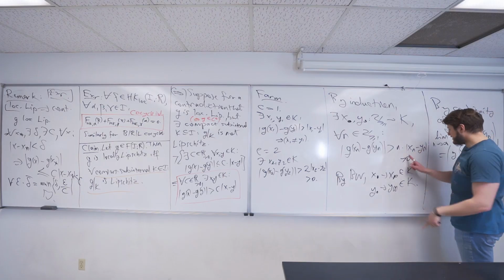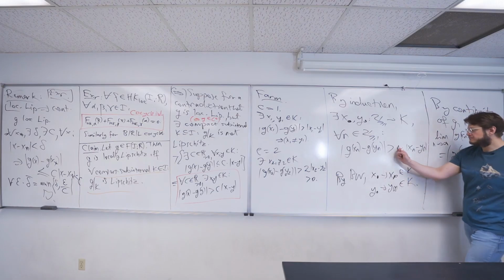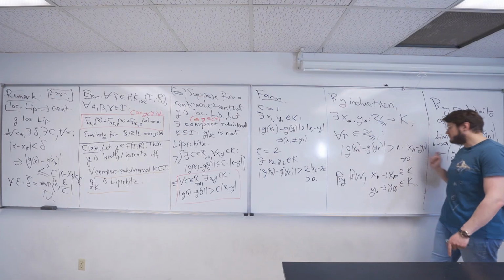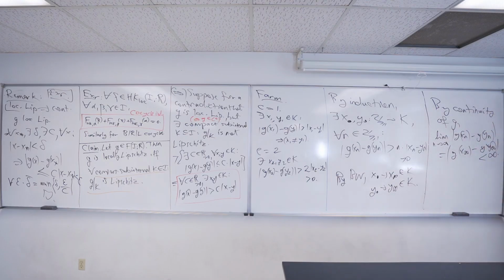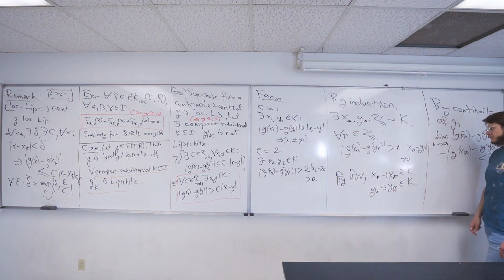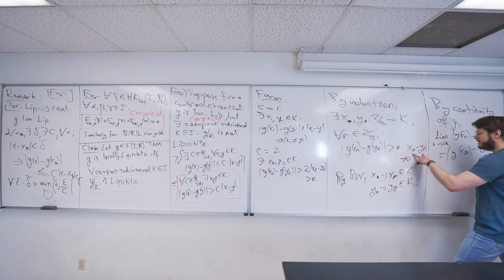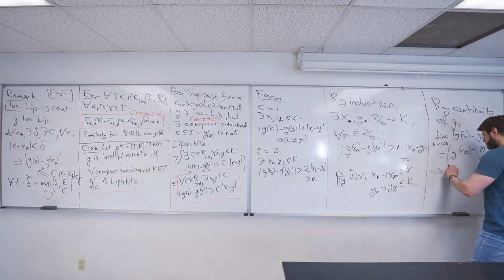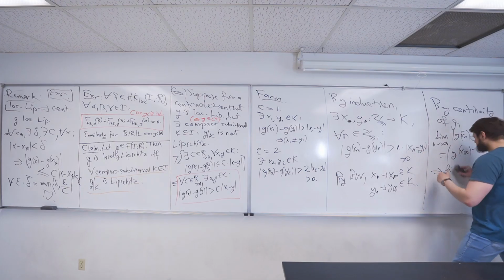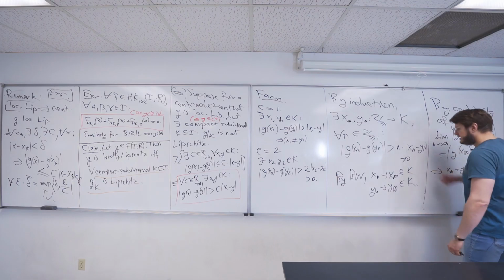Therefore, since this sequence, parameterized by n, is squeezed between two things that converge, ultimately this has to converge also, or at the very least, it should be a bounded sequence. The only way that can happen, because this blows up, is if these go to 0. In other words, x infinity, in fact, is the same point as y infinity.